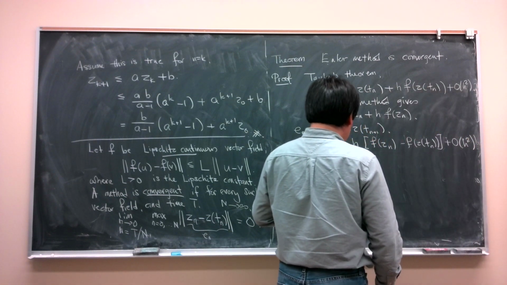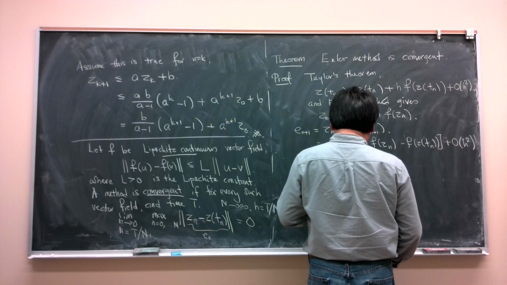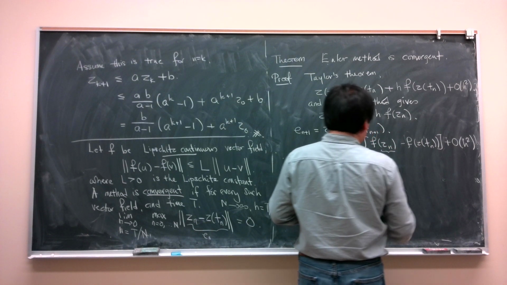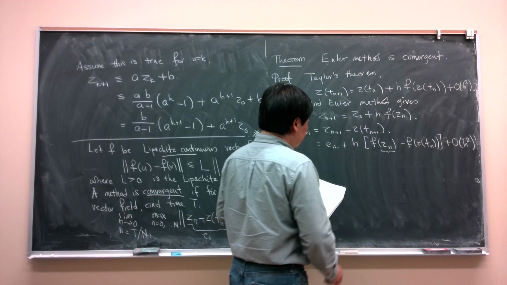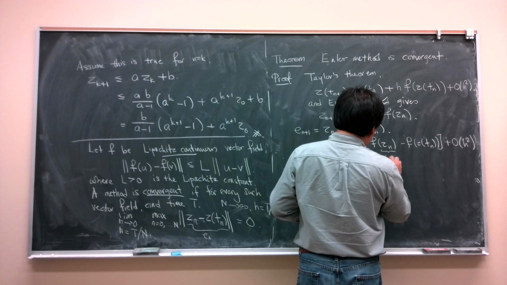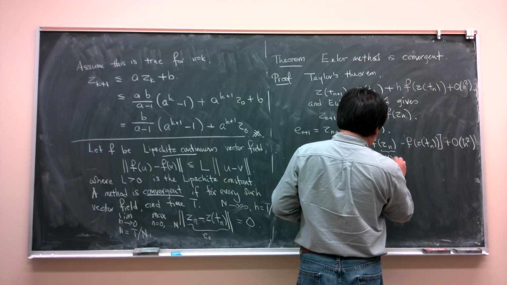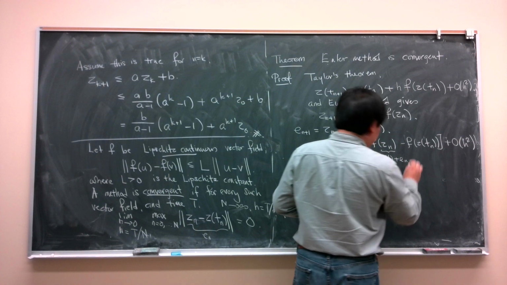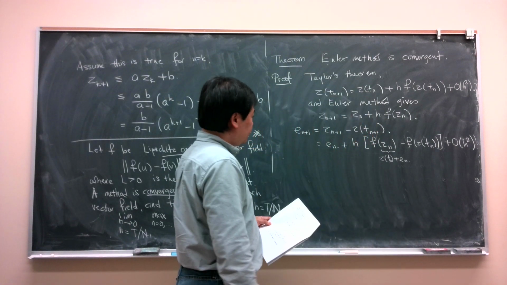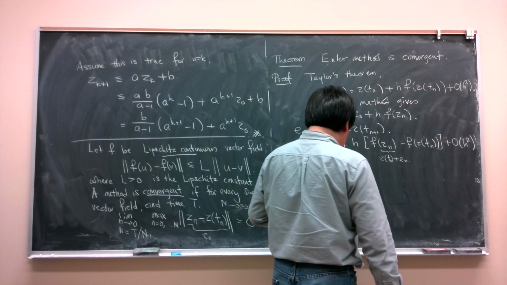Okay, so Zn can be related to Z at Tn. So Zn is Z at Tn plus the error at the nth stage, just by definition.